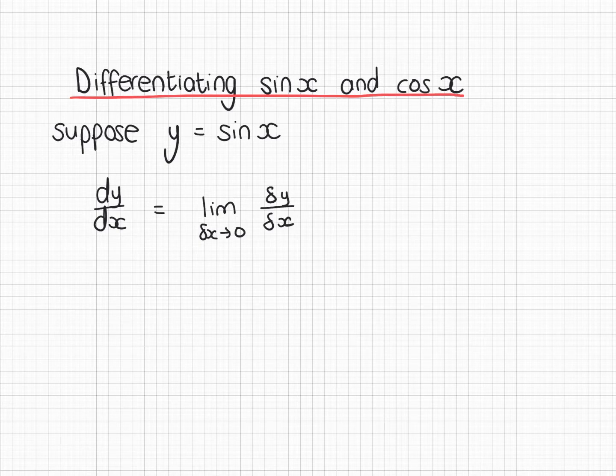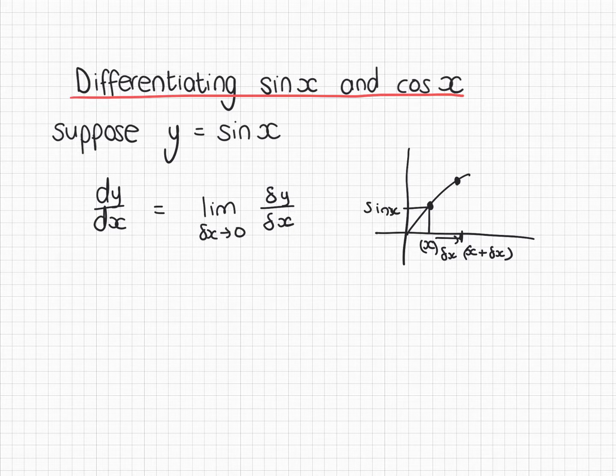So if we had a sine graph and we wanted to find the gradient at this point x, remember we say we go a little bit further on, so we choose another point here. If we go delta x on, that point would be x plus delta x. And then the y value here would be sine x, and this y value would be sine of x plus delta x.